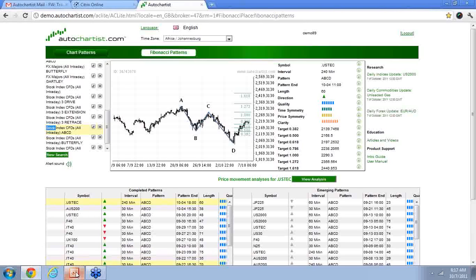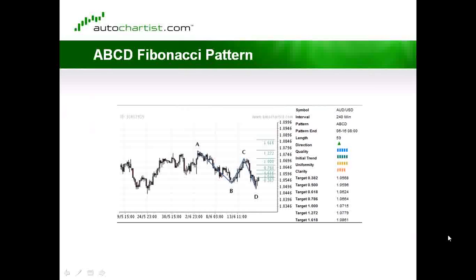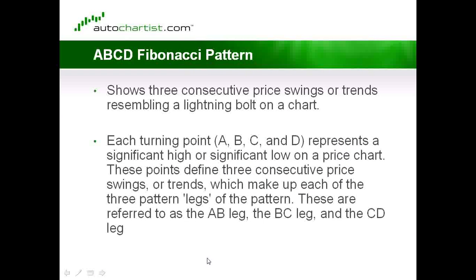And now we'll go back to our screenshots to see what other markets we can look at, or what other patterns we have determined. Now, you may have a question coming up here, and basically the question is, what does this ABCD pattern look like?